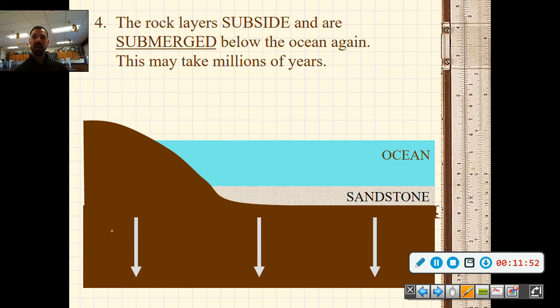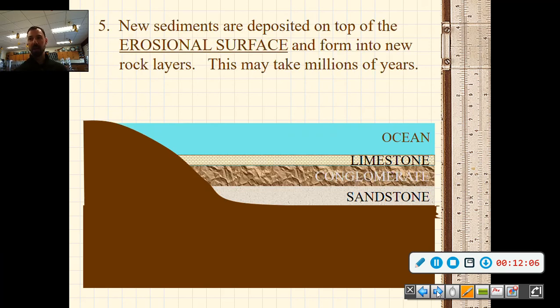Then sometimes the sandstone will go back down into the ocean because of subsiding or crustal movements once again. Again, it takes millions of years to get back down to the bottom of the ocean. Then new sediments are deposited on top of that old erosional surface and form into new rock layers. Again, millions of years of forming conglomerates.